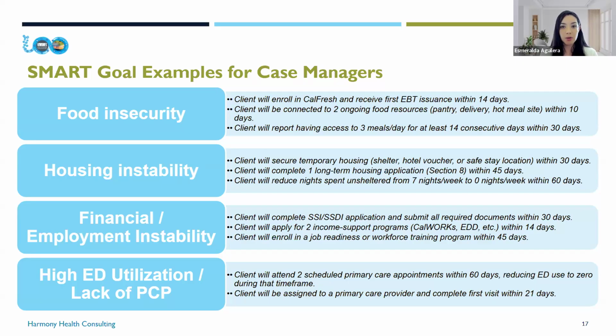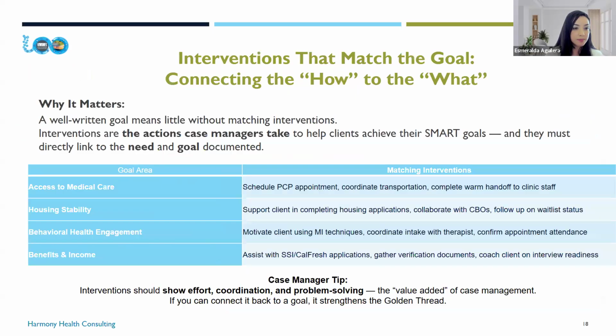We want to make sure that we are supporting, for example, the CalFresh enrollment with a specific timeline, connecting to 2 free resources within the next 10 days, reporting consistent access to meals for 14 consecutive days. Each of these goals is very specific, measurable, and directly tied back to an assessment need that was identified during your comprehensive assessment. Can go ahead and move on to the next slide.